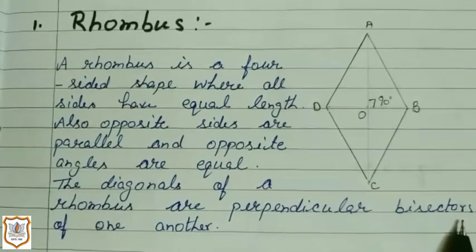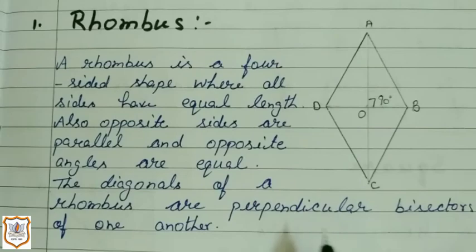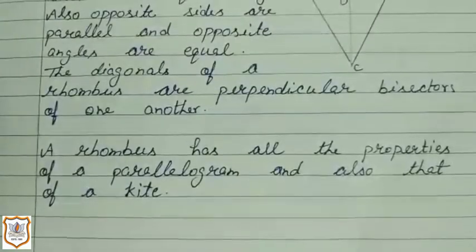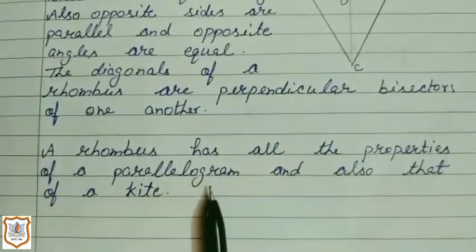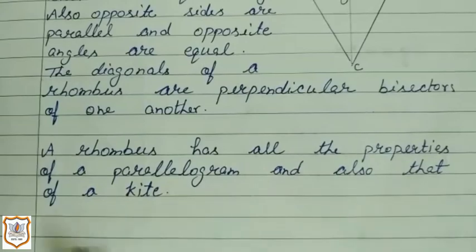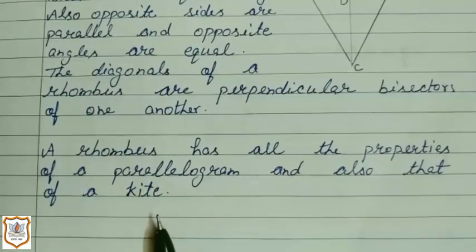Perpendicular bisector means they cut each other at 90 degrees. A rhombus has all the properties of a parallelogram and also that of a kite.